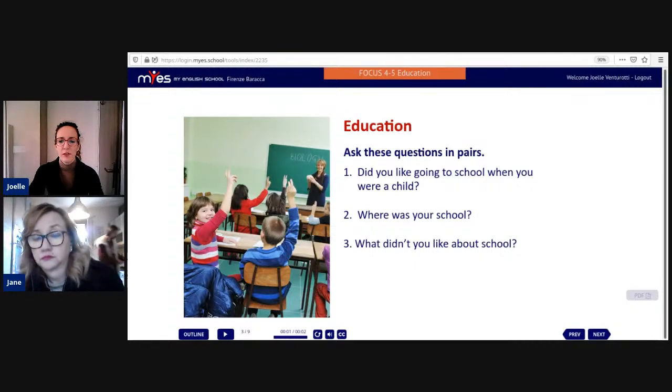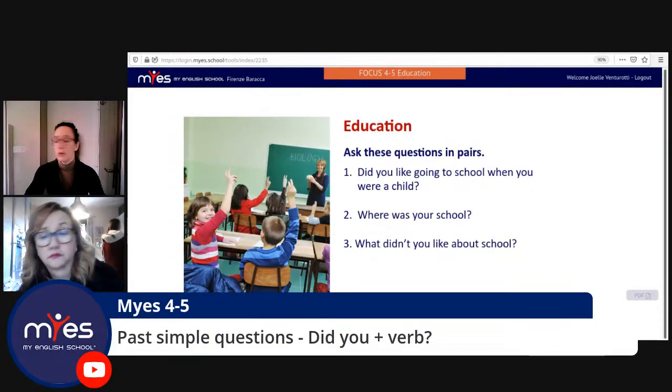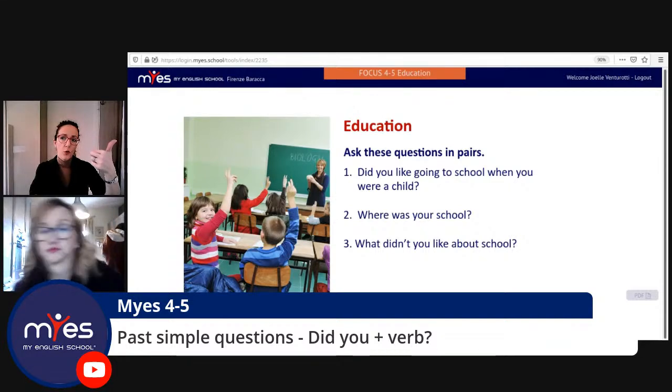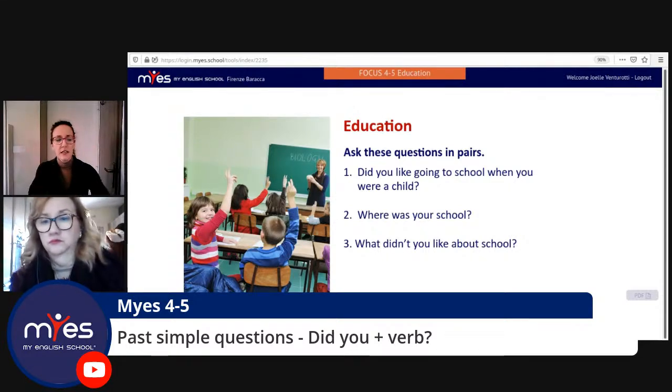We have the example with the infinitive verbs, for example, like, work, play, and we say, did you play? Did you like? Did you work? But if we use the verb to be, we then invert subject and verb: were you, or was it? And then we use an adjective or a noun.